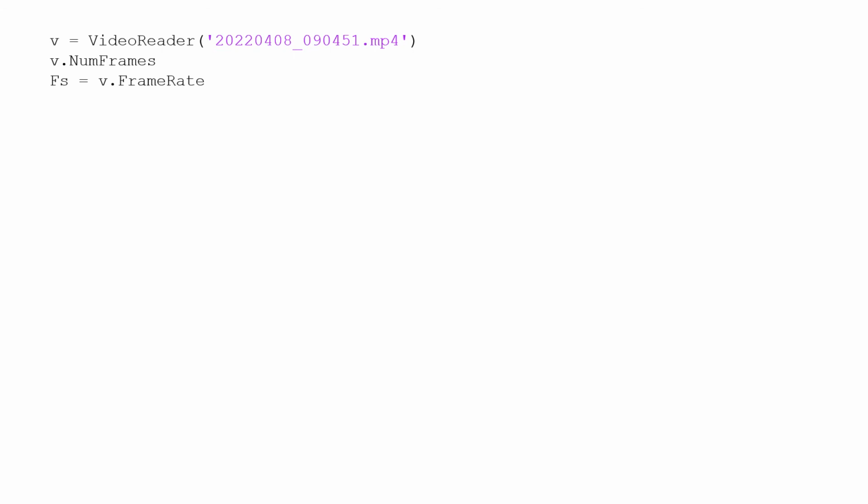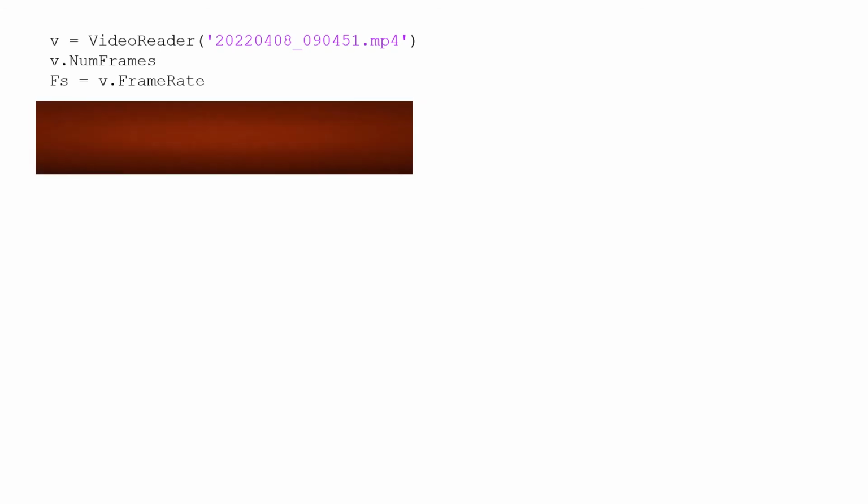Going back to the program, I'm going to start the same way I started explaining the timing for the data acquisition part. I'm going to create that video object by using the command in MATLAB VideoReader that will allow me to extract information like the number of frames and the frame rate, for example, and read each frame, like the one I'm showing you there, and display them if I want to. So I'm going to enter that for loop, which is very similar to the one we explained before.